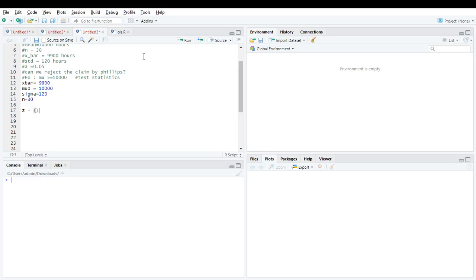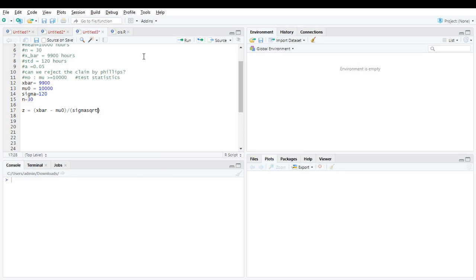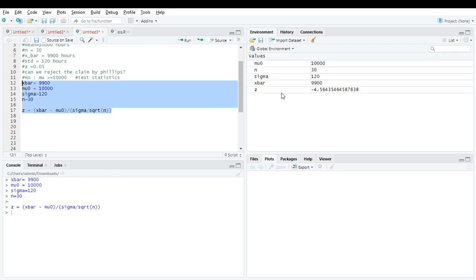So the value of z will be x bar minus mu 0 divided by sigma over root n, right? So this is our z value. If we run this right now, we'll get one z value, which is minus 4.5643 and so on.